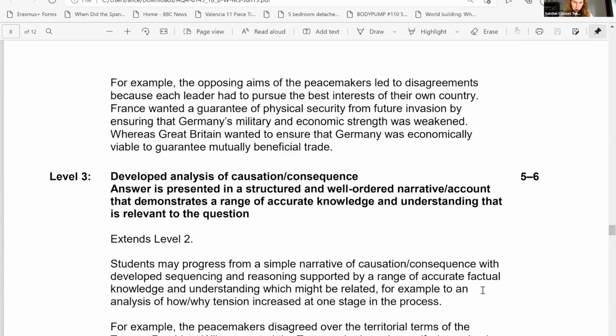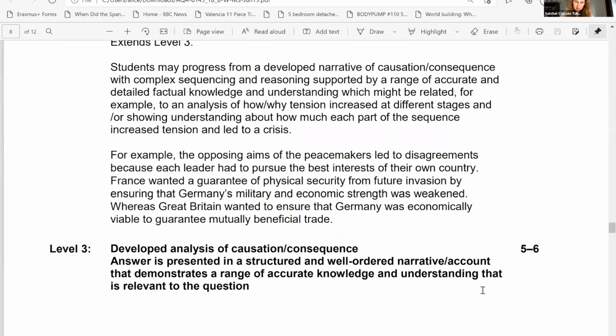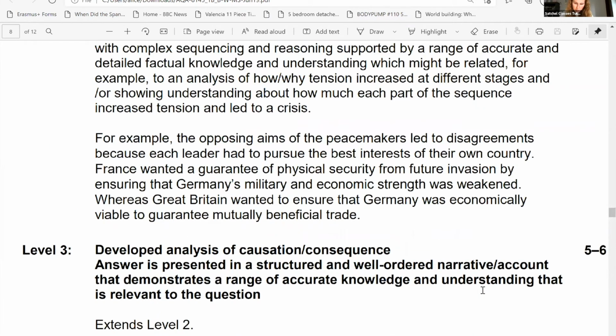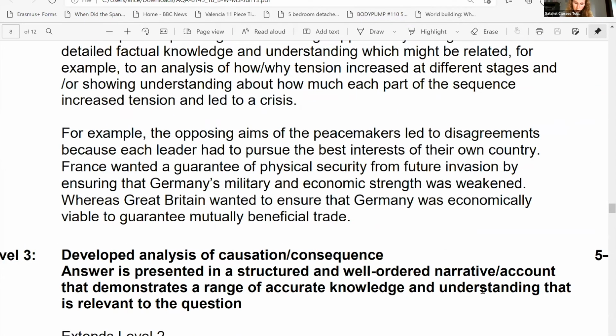So let's just have a look then. I know this is a different one than we've been looking at, but we've got a point, then an explanation of how that links, and that's exactly what we've done in our answer. So 2 explained points with an introduction at the start that shows that you are aware of the context.